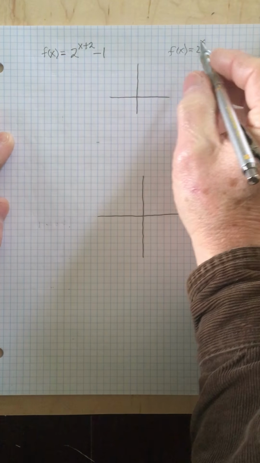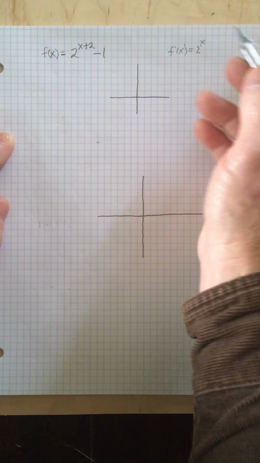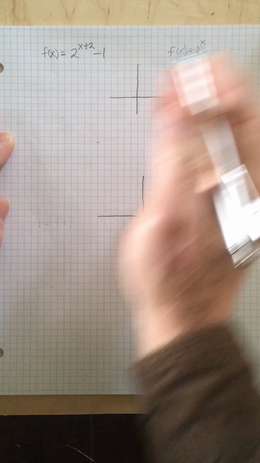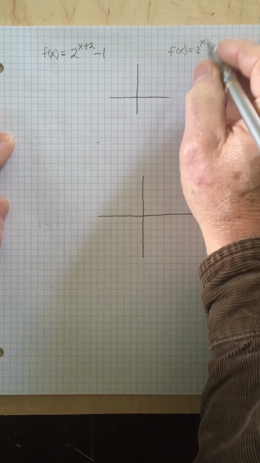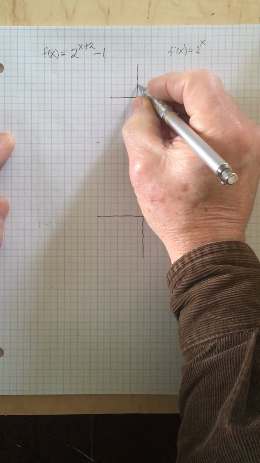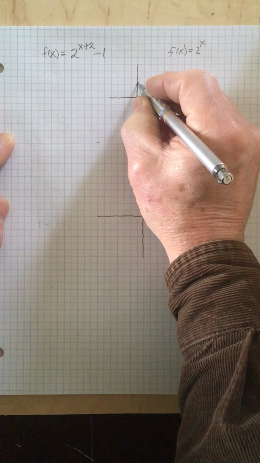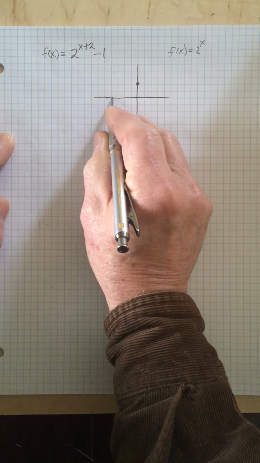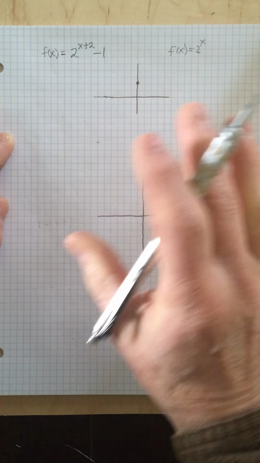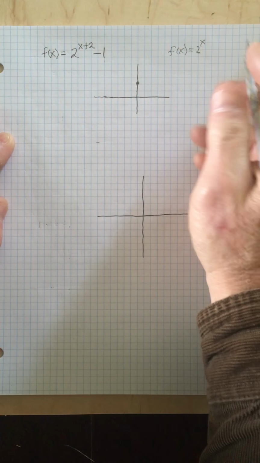A couple of things. Number one, that's going to be the basic function, then we're going to modify it here. Also, b is greater than 2, so we know that it's going to go up. Also, we know right now it goes through the point 1, so let's go again. We'll make every second one 1. Okay. What I'm doing here is just getting an idea of what the starting family looks like. It's an exponential function.